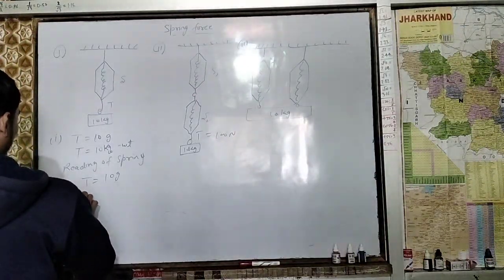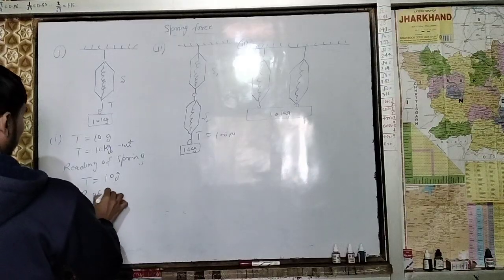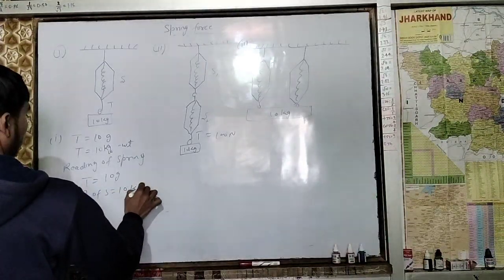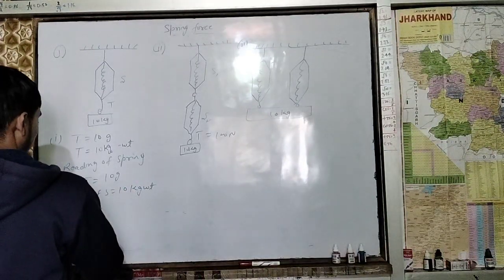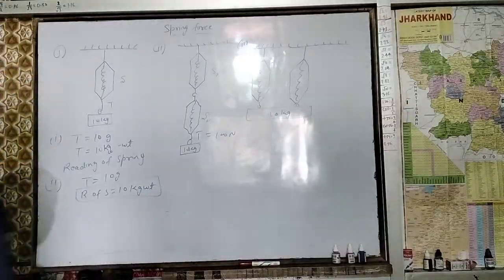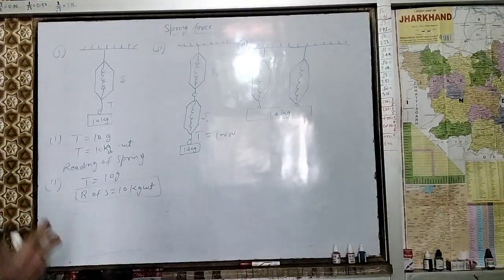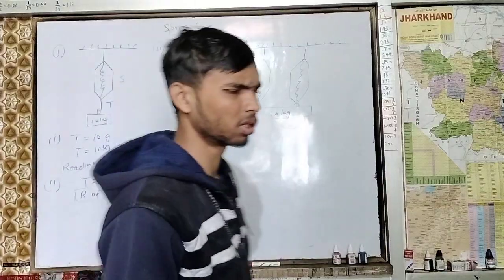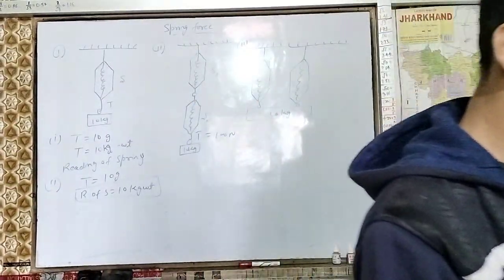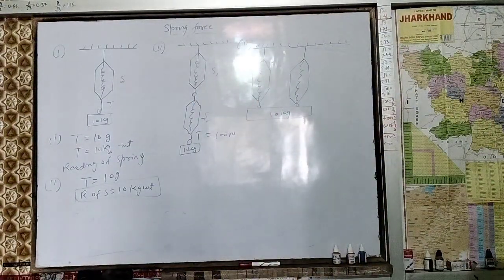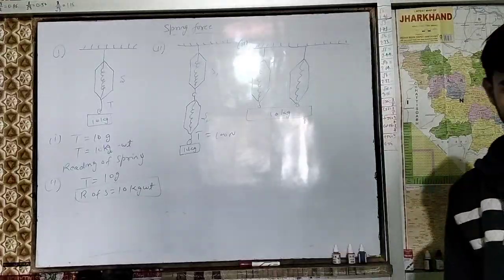So the reading of the spring will be 10 kg Wt. Don't convert g into a number. g should remain, just put g as it is.